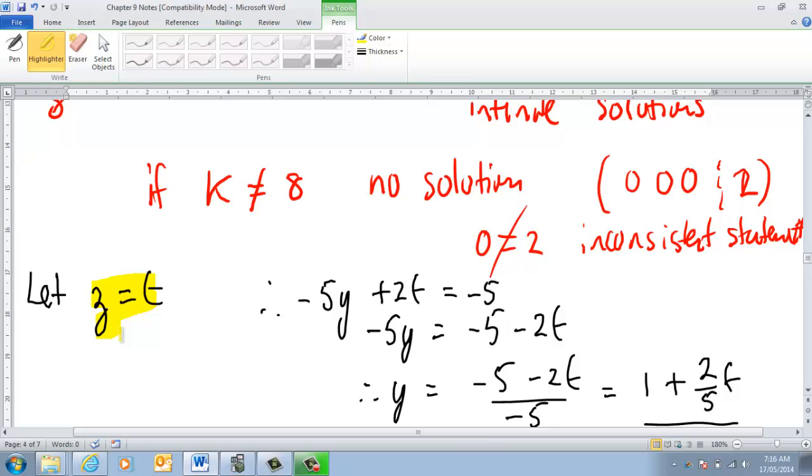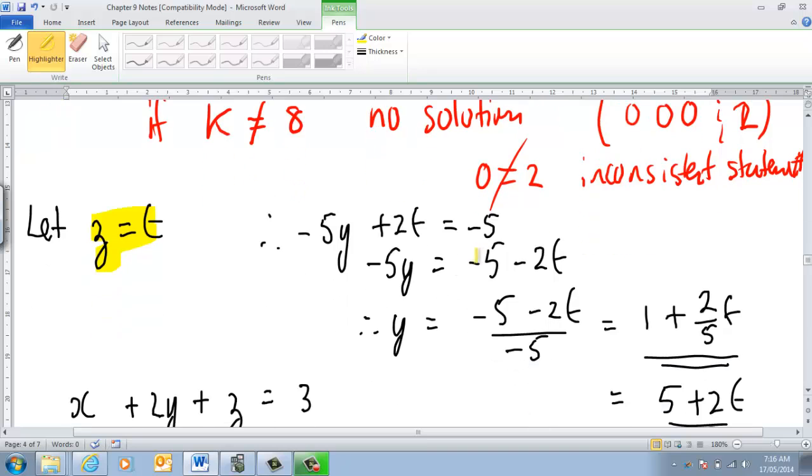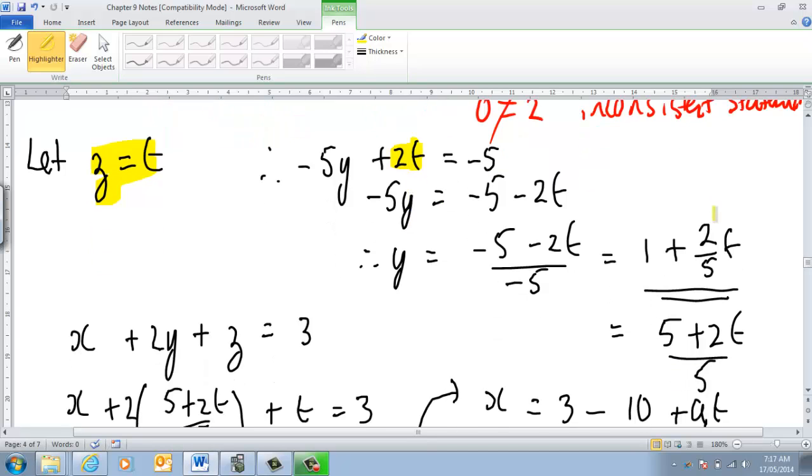So then what we do is we substitute that z value for t into this equation here for the y bit. So now we have 5 minus 5y plus 2z, 2t equals negative 5. So you bring that across and solve that. With a little bit of algebra, you can follow the algebra that we've got here, and you could come up with this equation here.